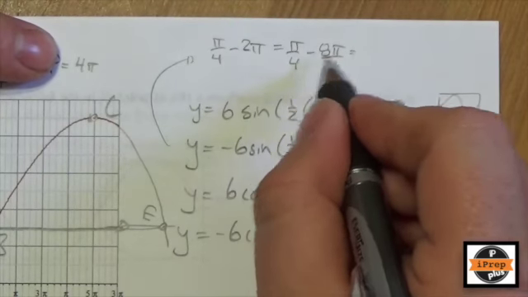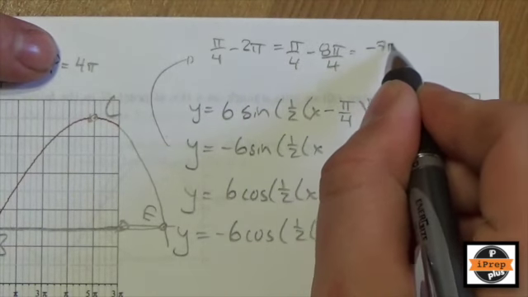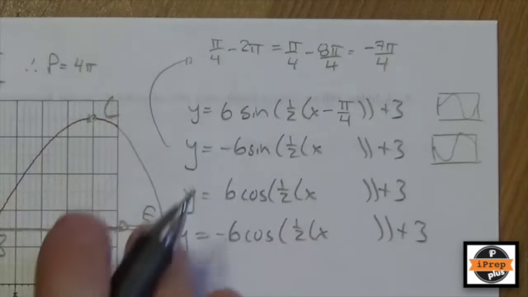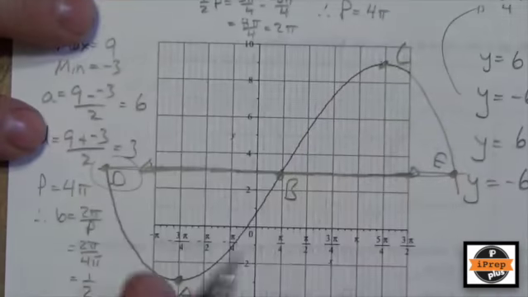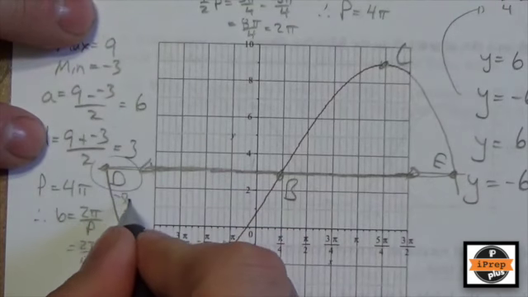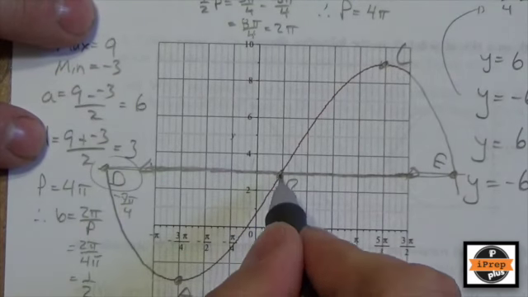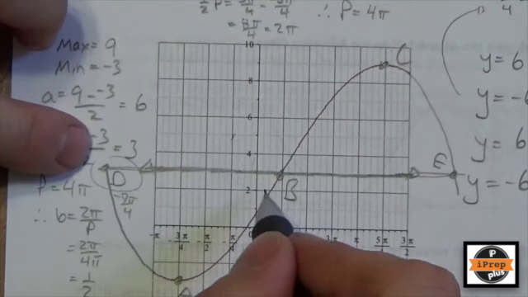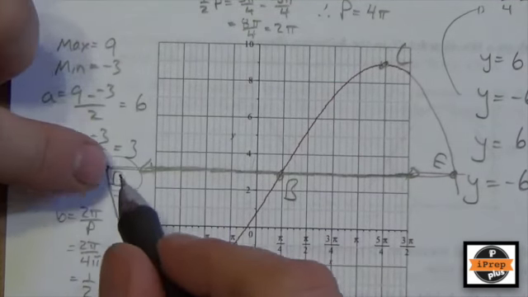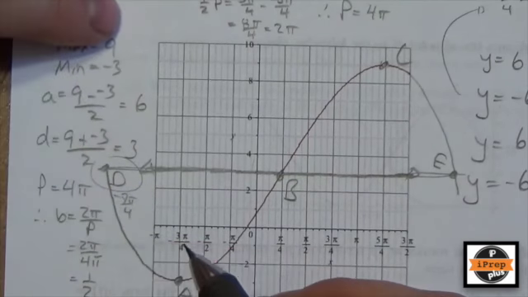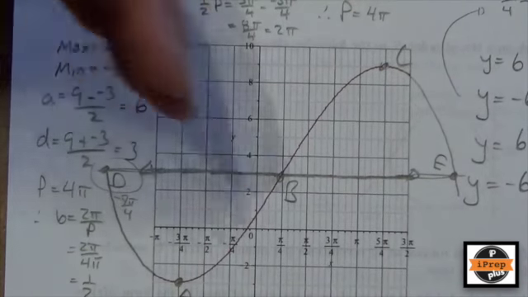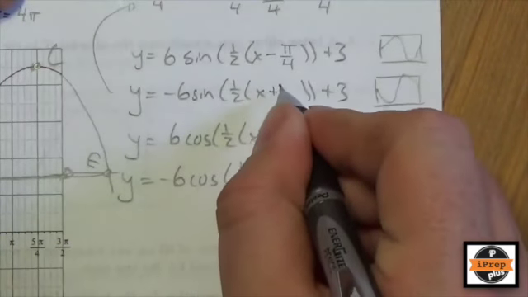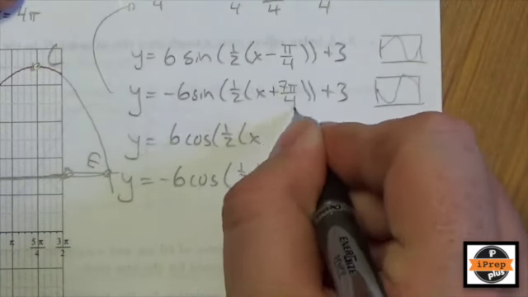And pi over 4 minus 8 pi over 4 is negative 7 pi over 4. What I've just done there is figure out where D is. D is over here at negative 7 pi over 4. Starting at B, which is pi over 4, I'm going to go backwards 2 pi. That's where negative sine starts, 7 pi over 4 to the left. So I would write this as plus 7 pi over 4.